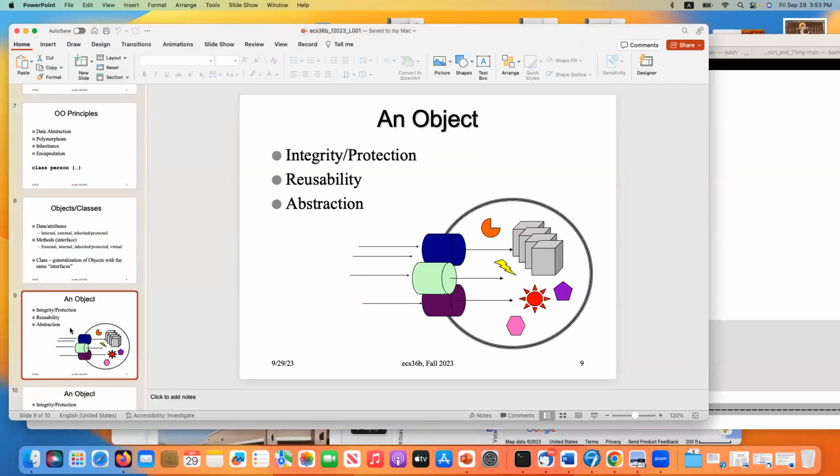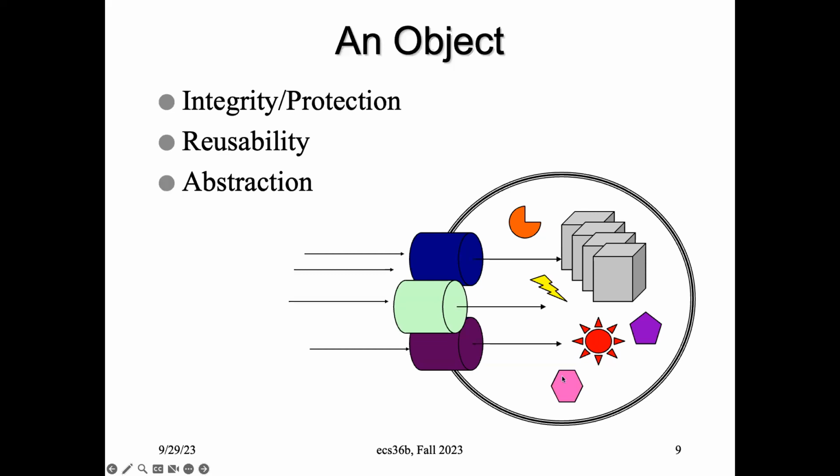So what is an object? An object looks like this. I'm using an illustration of an object. Whenever I think about an object, I think about a picture like this. You see that an object has a boundary. For example, me as a person, I'm an object. What you actually see is my outside, or my interface.